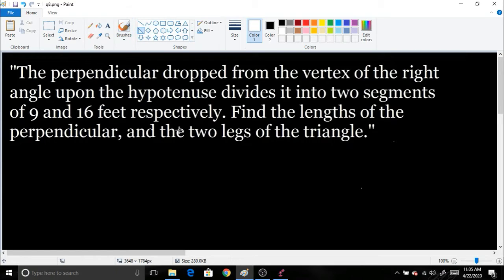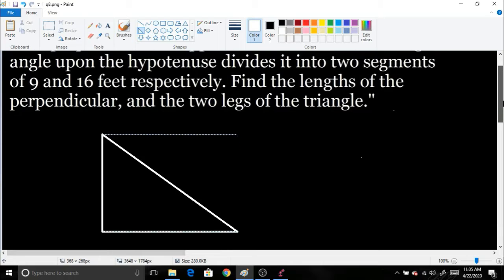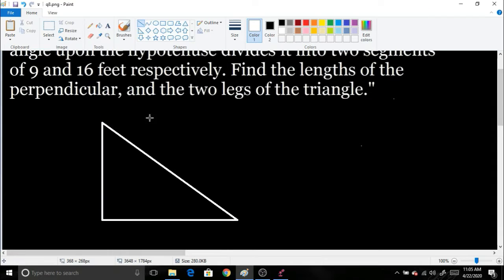Okay, so we are going to draw a right angle triangle here, and then I'm going to draw a perpendicular from the right angle to the hypotenuse. Let's say this angle is 90 degree, and this angle is also 90 degree.